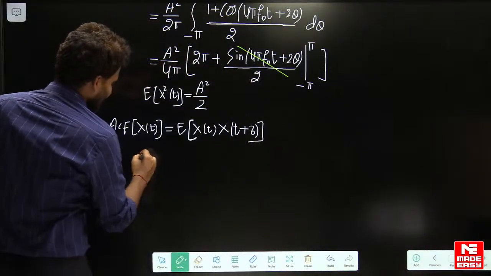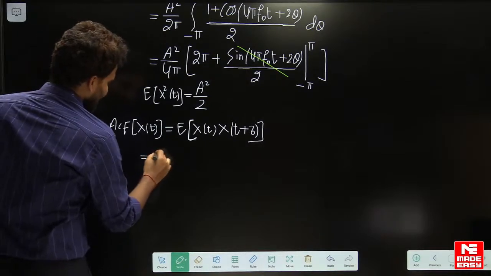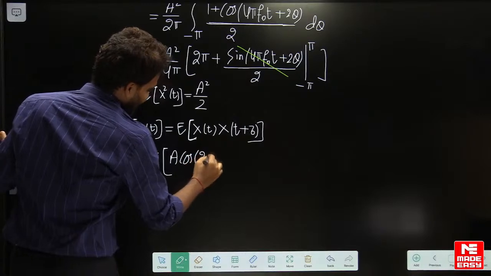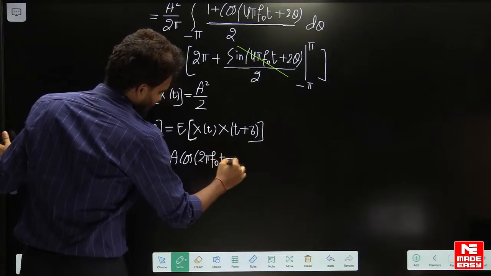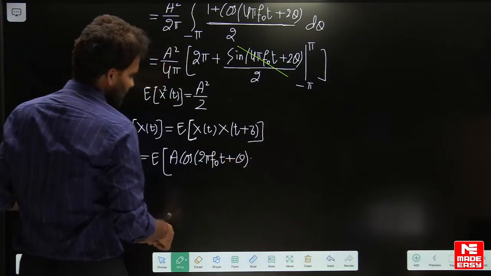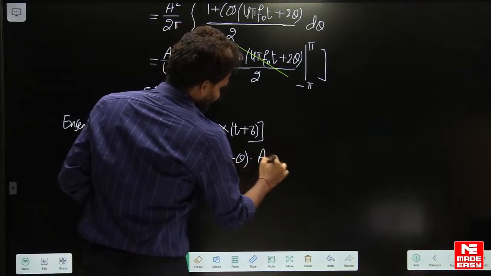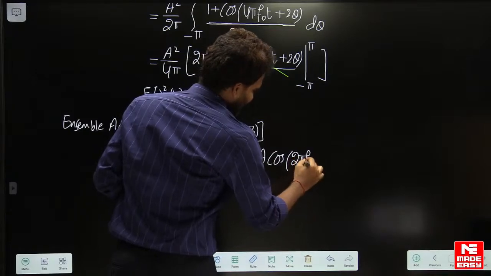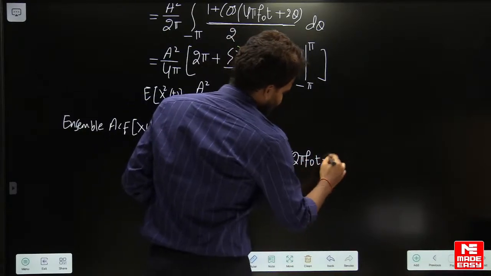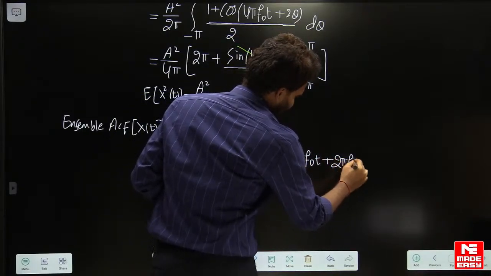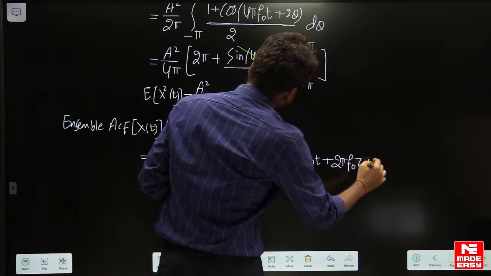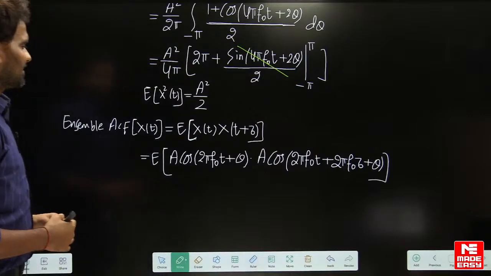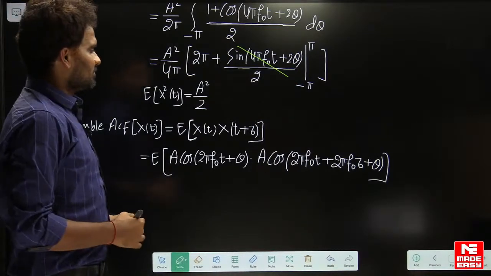Yes, it will be the expectation of xt, where xt is A cos 2 pi f naught t plus theta, into xt plus tau, which is A cos 2 pi f naught t plus 2 pi f naught tau plus theta. Okay.